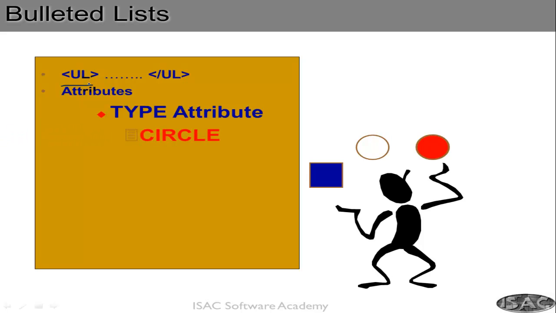It means what type the bullet points will be. It will be circle, disc or square. So this means your bullet points will be circle, or just the normal default one, or square. So this is the type of bullet points it will say.